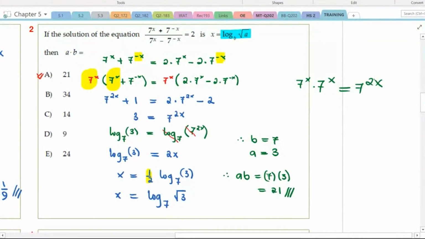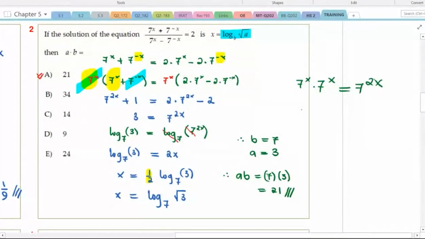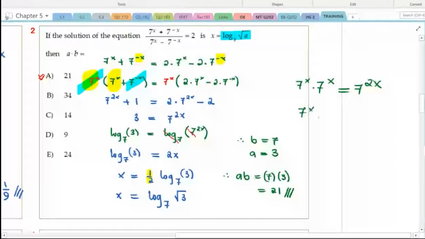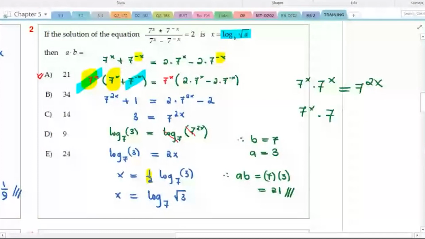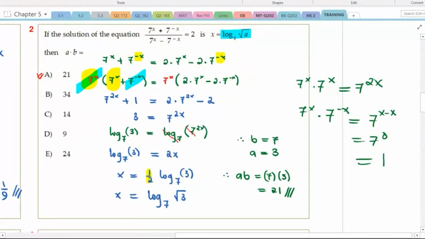That is the blue one. Then the next one, we multiply again this one with this. We say 7 to the power of x multiplied by 7 to the power of minus x, which is going to be 7 to the power of x minus x, which is going to be 7 to the power of 0, which is equal to 1. Do you understand it now?